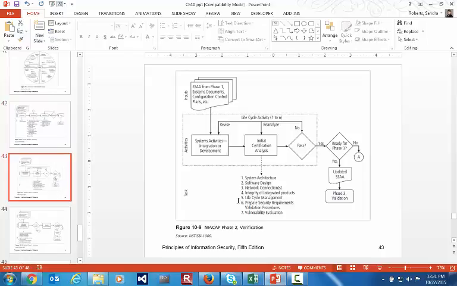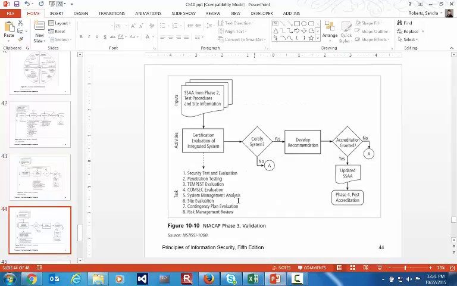So taking a look, the preparation, the registration, the negotiation, the agreement, yes or no, go back to negotiation, and then finally you have the verification at the end. These are all on page 536 and 537 of your book. The system activities, integration of development, the certification, does it pass, do it again if it doesn't, revise and reanalyze it, is it ready for the next phase, and then go to the validation phase. So you can see how the flow charts work. It's always, is it yes or no, and then you're going to start back over.